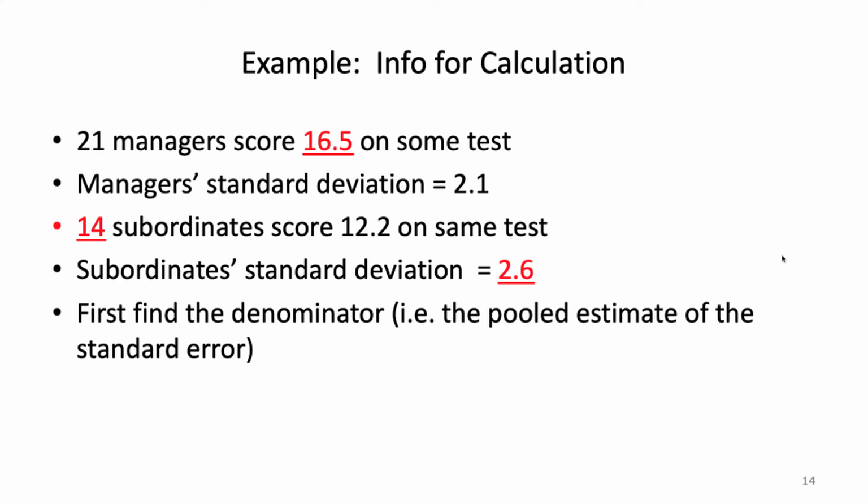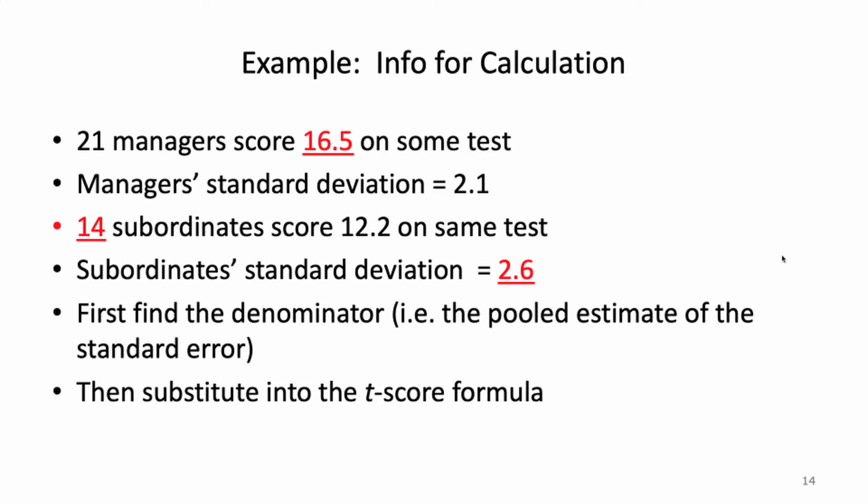In this case, we're trying to find out if the difference between these two samples is large relative to the amount of error. Hopefully it is. We'll substitute these values into the t-score formula. So let's move on.